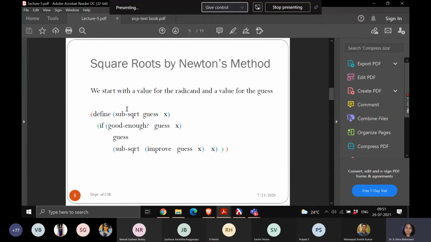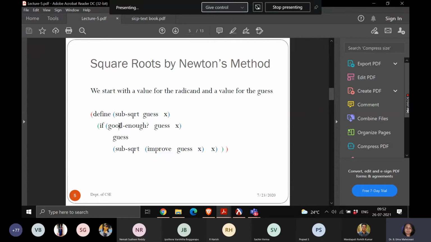Otherwise, you have to call the same function again by improving the guess. For this procedure, how many arguments are there? Guess and x. So sqrt-iter takes one argument which is the result of improve, and x is passed over here.